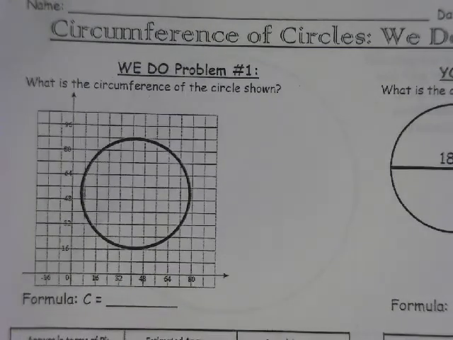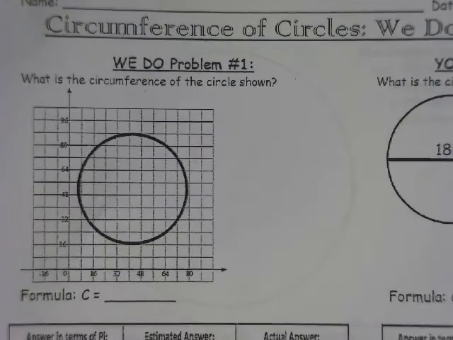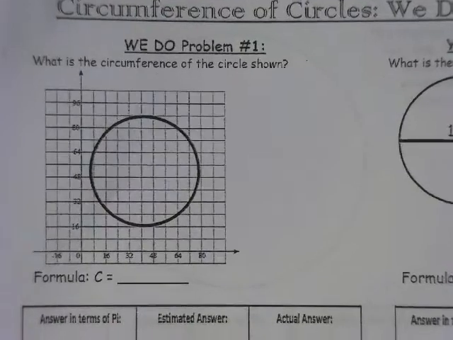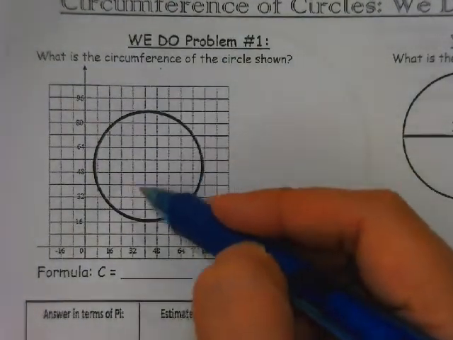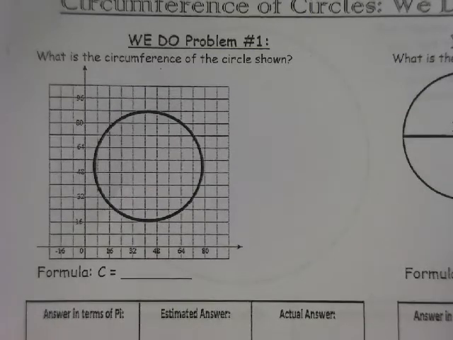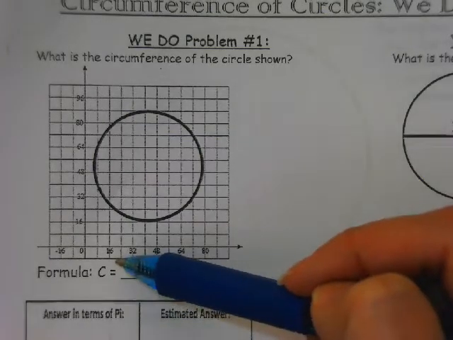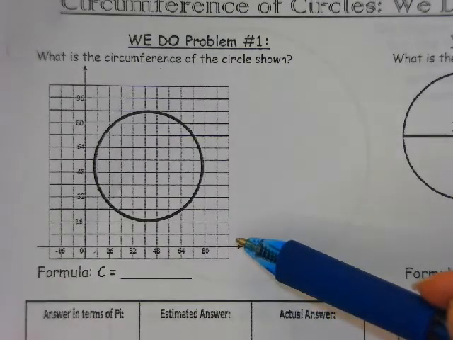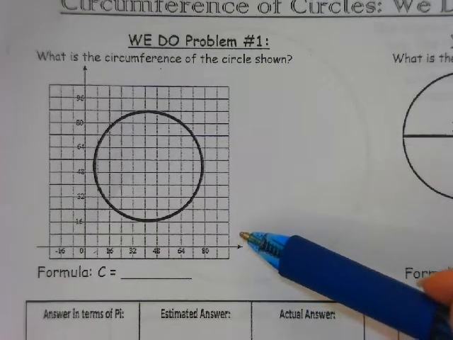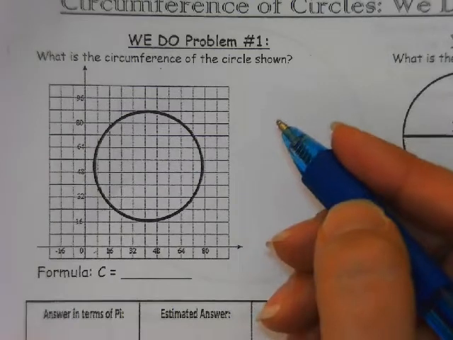We're going to do the we do's together, and then I'm going to give you some time to do the you do's. So notice this one is on a grid. It's asking us for the circumference, but there's a problem. We don't have any other information. Notice the scale. Is this counting by ones? No, it's counting by what? No, it's not counting by 16.